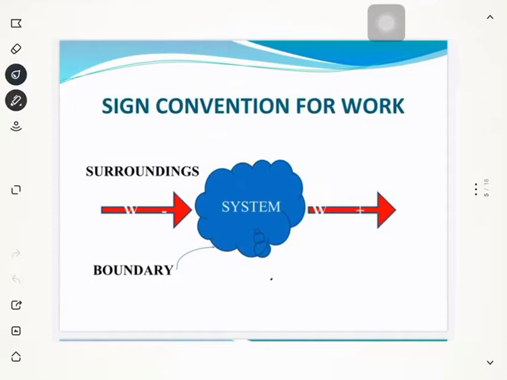If your work here is going to the system, meaning this is your negative work. And if a system produces work, or you have an output of work, you have this positive sign.